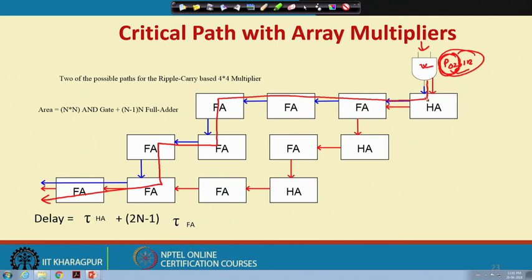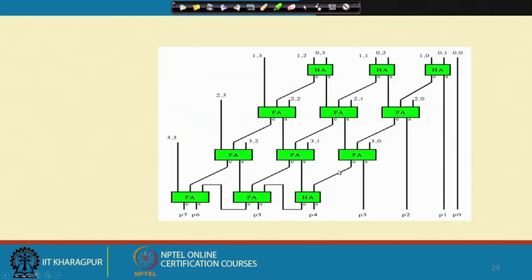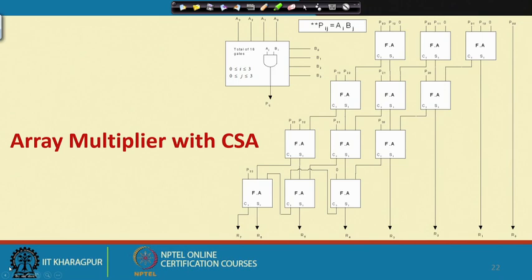Then, as the carry is basically propagating from each of these stages, that is why it requires that time as the critical path for this array multiplication.